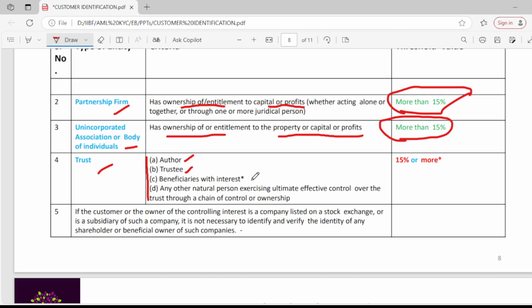Third one, beneficiaries with interest. Any natural person who has 15% or more income or benefits from the trust can be treated as beneficial owner.